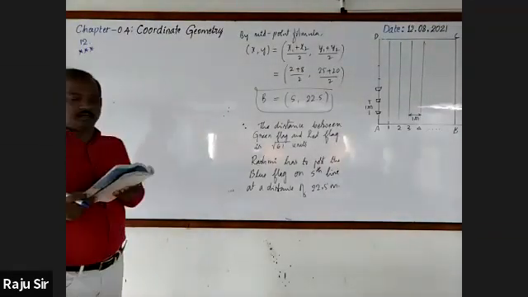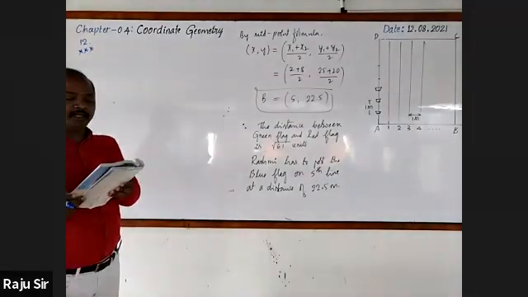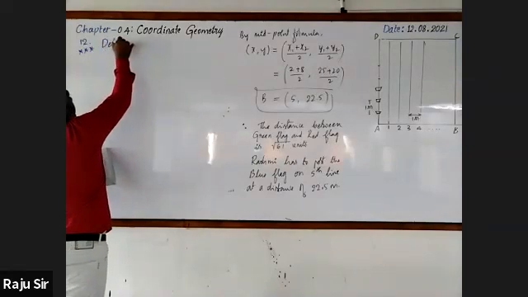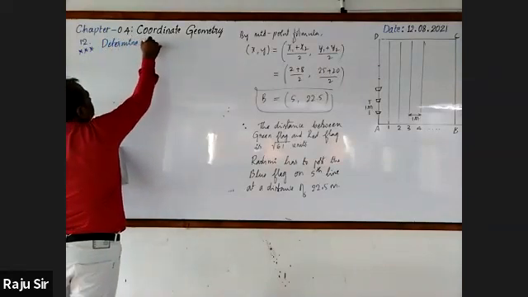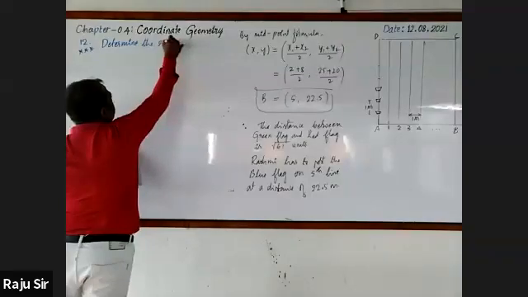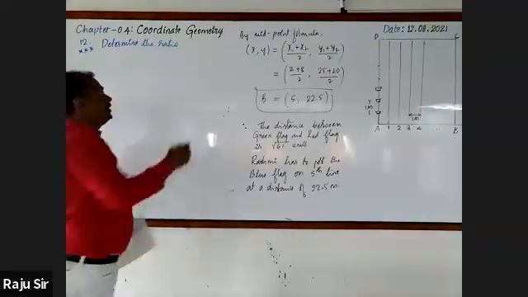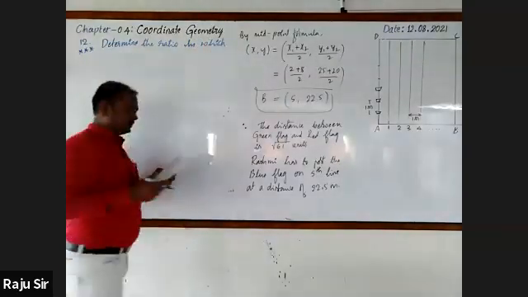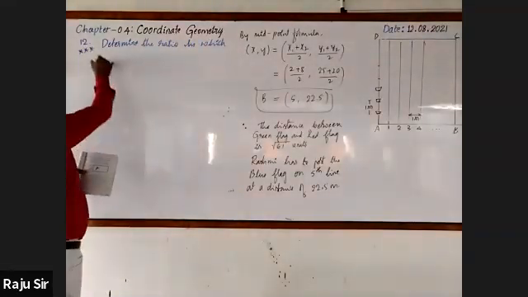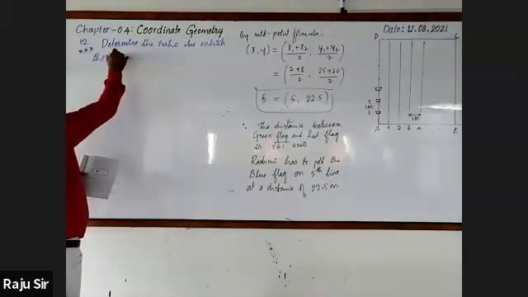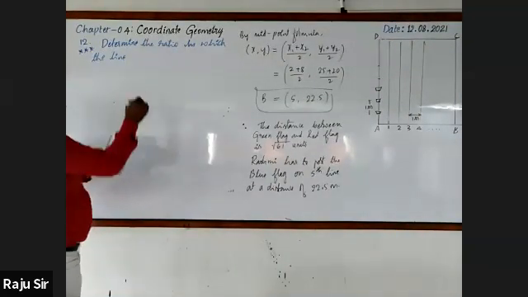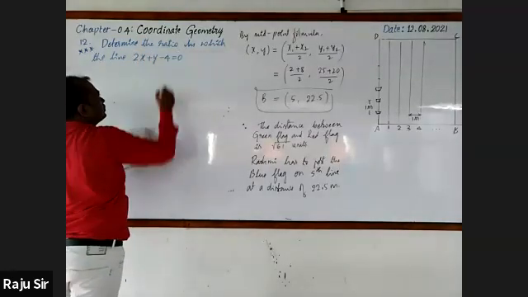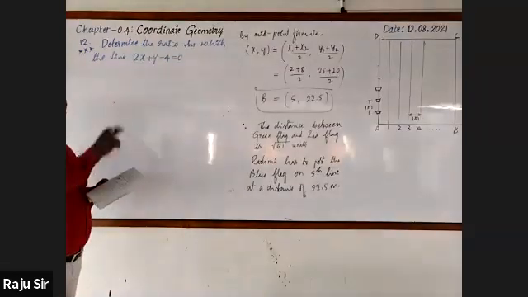The statement is also very nice. Determine the ratio in which the line 2x plus y minus 4 equal to 0. Hope you have understood this.